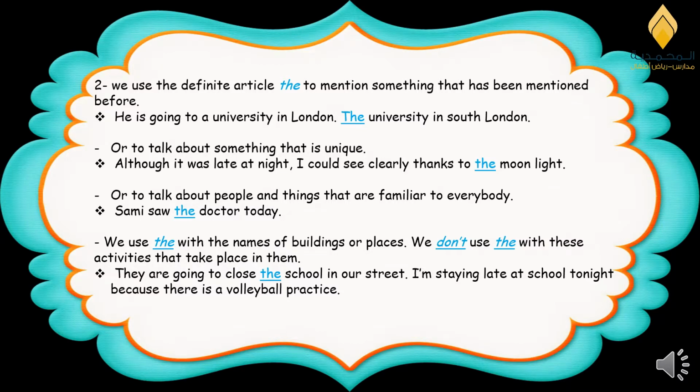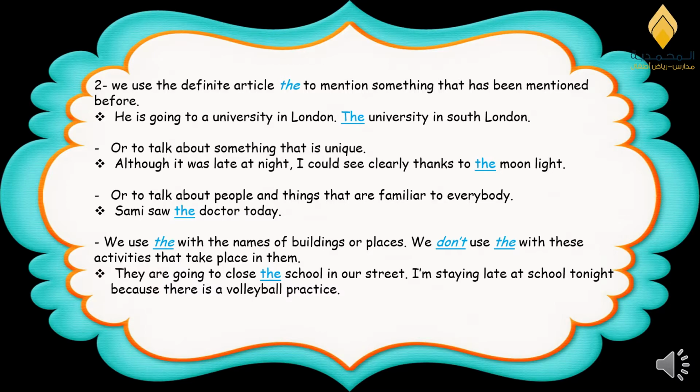When I continue the sentence, I'm saying, I'm staying late at school tonight because there is a volleyball practice. So, when I continue the sentence, okay, I'm telling you about what is happening in school, why I'm staying late, what is the activity that I'm going to do.